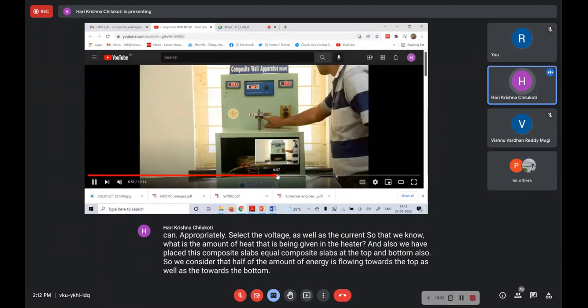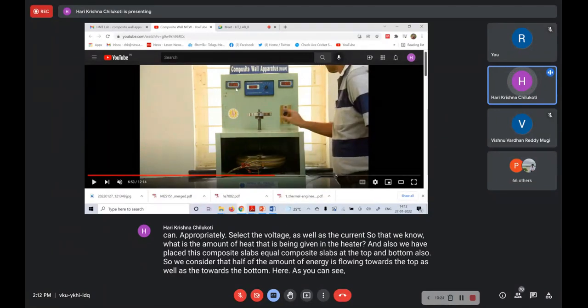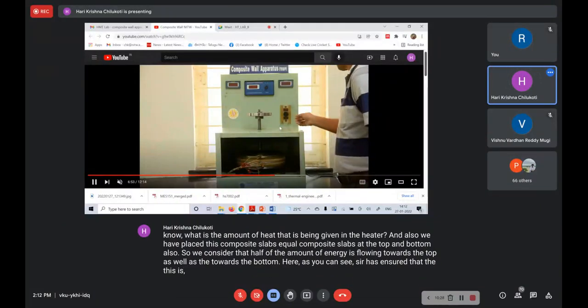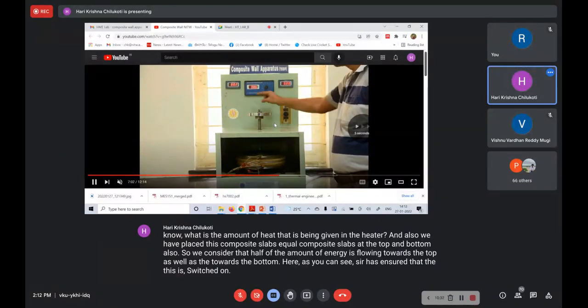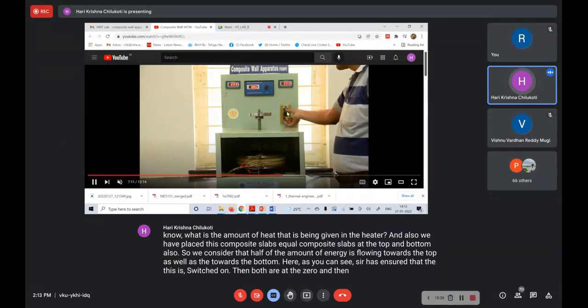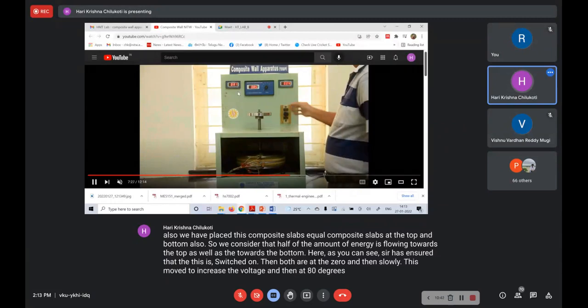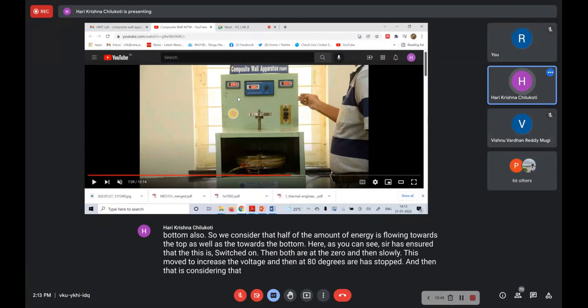Here, as you can see, sir has ensured that this is switched on, then both are at zero, and then slowly it is moved to increase the voltage, and at 80 volts sir has stopped, and then sir is considering that 80 volts as well as 0.05 amperes is the input to the heater.